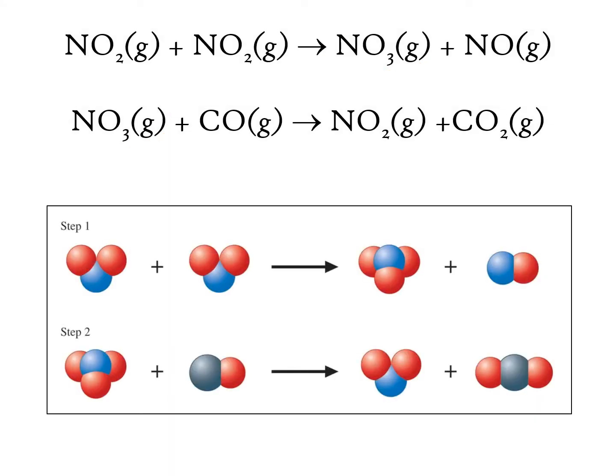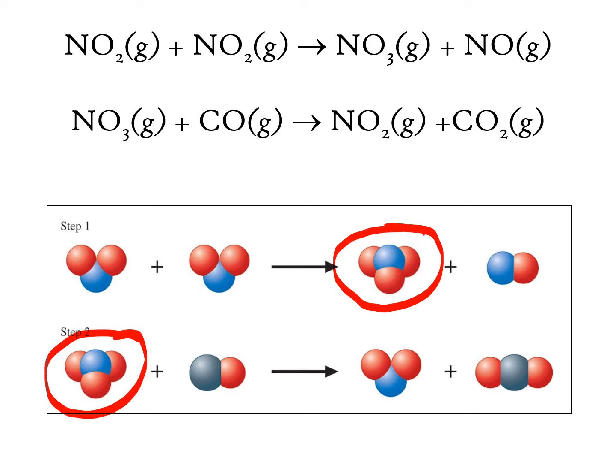This is just a particulate diagram for you to see what's going on. Again, I just want to emphasize the formation of nitrogen trioxide. It's an intermediate product. It forms and then is consumed during the reaction.